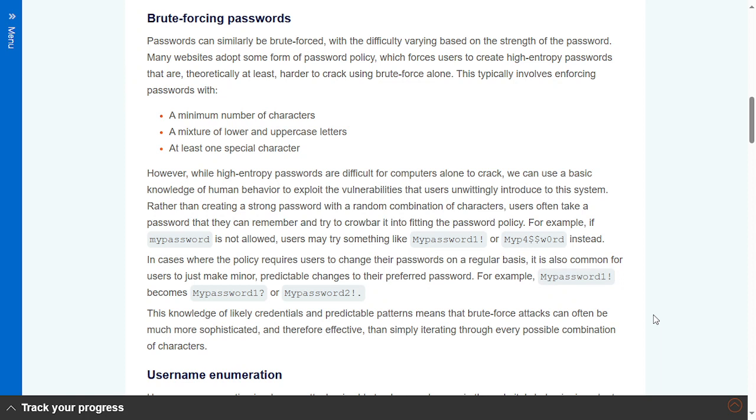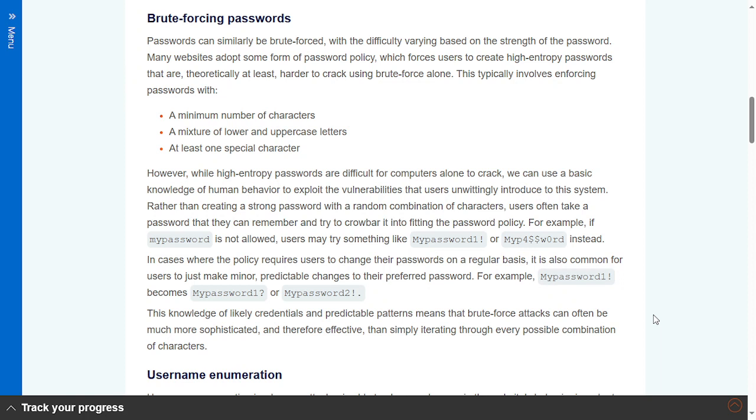For example, if "mypassword" is not allowed, users may try something like capital "Mypassword1!", or capital "Mypassword" where instead of A, there's a 4, instead of S's, there are dollar signs, and instead of O, it's a 0.